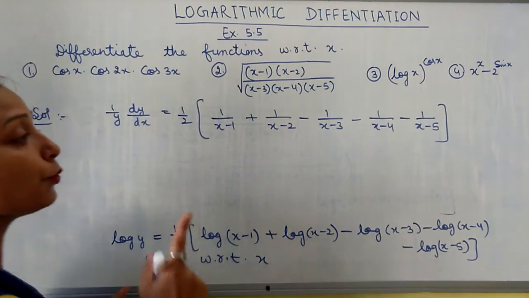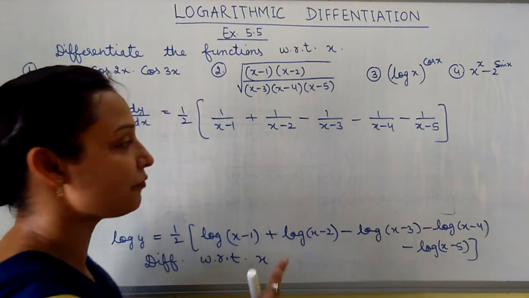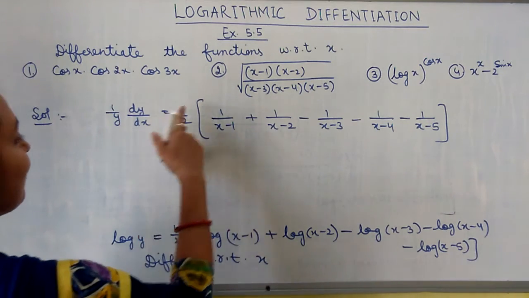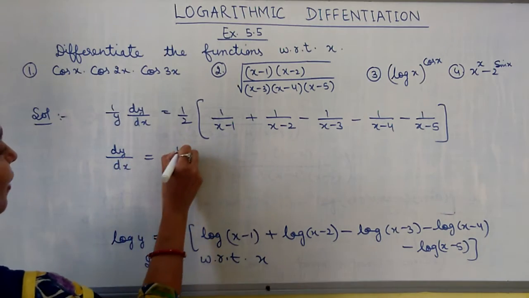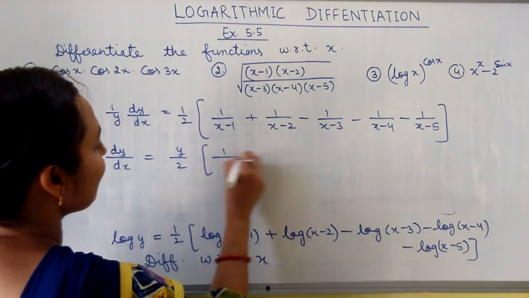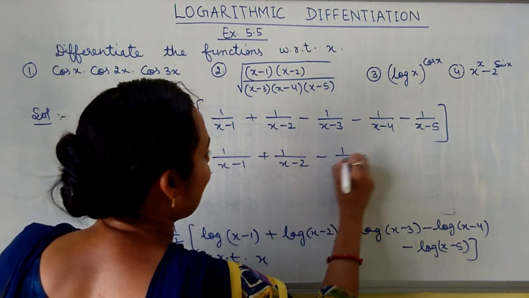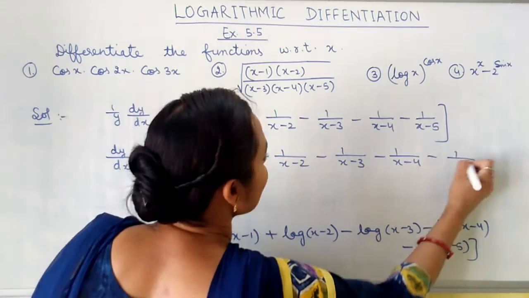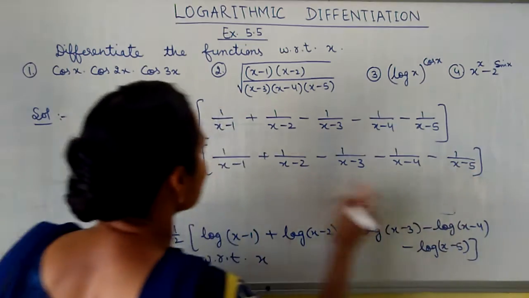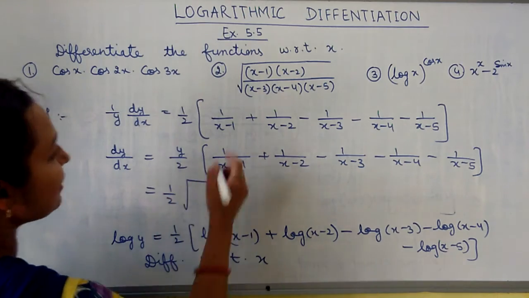So there is no need to take the LCM and do further simplification; remain as it is. Take y here. We have dy upon dx is equal to y by 2 and the whole term as it is. In the next step you have to put the value of y only. What is the value of y?